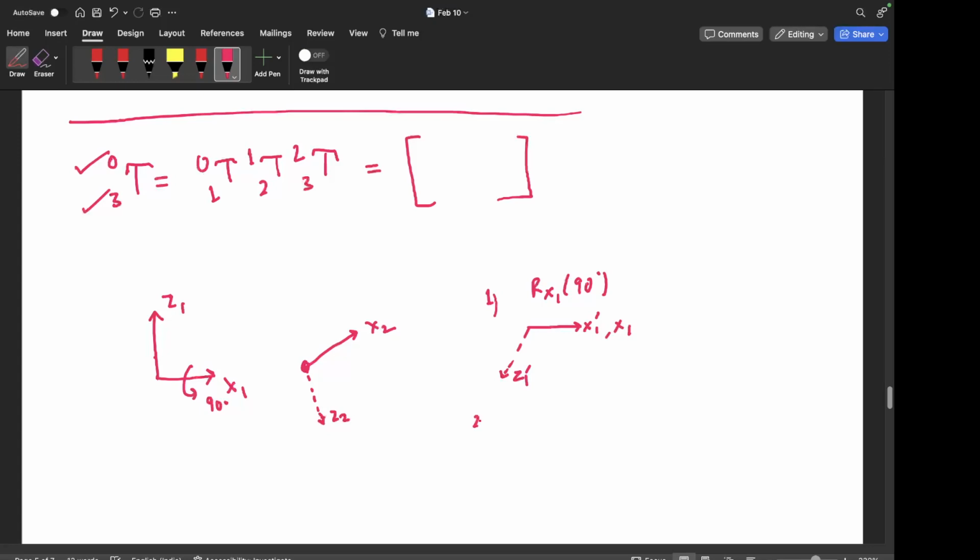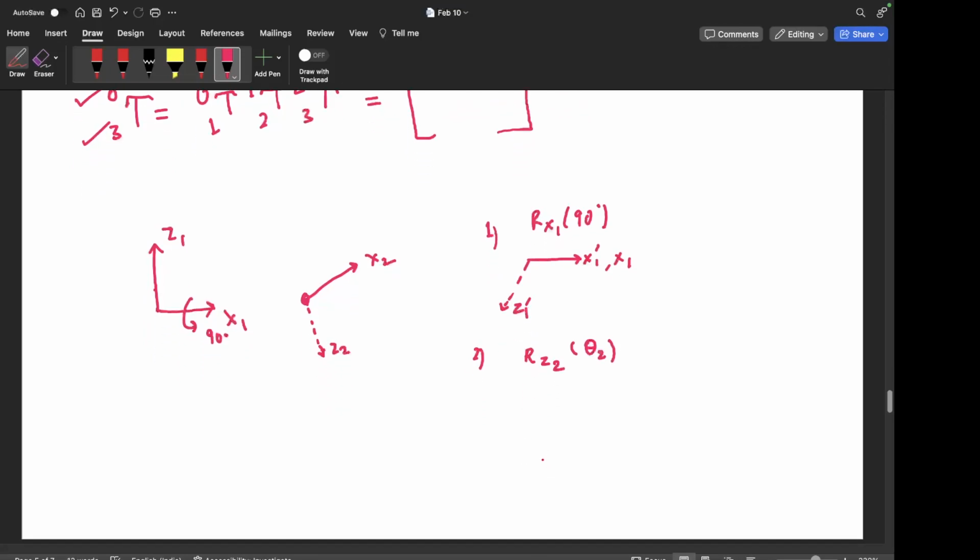Now, since z1 dash and z2 are effectively the same, just parallel, with the same direction, you can either write z1 dash or, since we have the final frame z as z2, I can write rotate about the z2 axis by angle theta 2. So what will the new frame be?